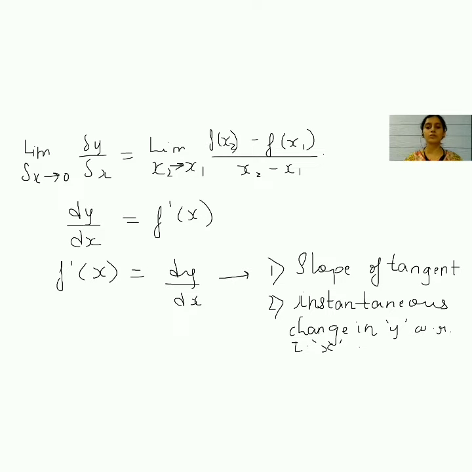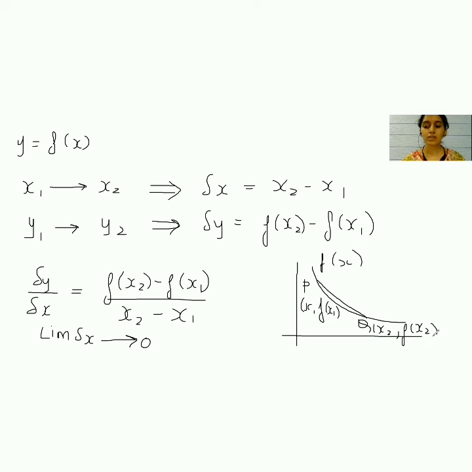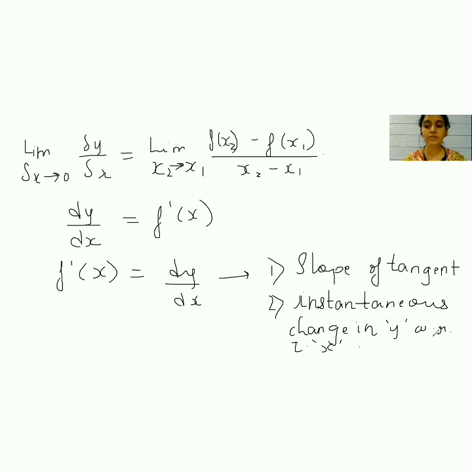So these are the two interpretations of dy by dx, or you can say two applications in the field of geometry. We'll come across sums wherein we'll have to calculate small changes in values of one parameter with respect to another. That time this instantaneous change will become clear, like the topic that we did, rate measure.